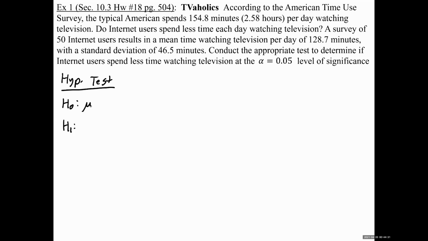First bit of advice is sometimes average problems are hard to recognize. And so one thing you can do, which is a little bit of cheating, is try to rule out a percentage problem and try to rule out a standard deviation problem. I know we haven't talked about those yet, but once we've talked about those, you're going to have to decide, is it a percentage problem, a standard deviation problem, or an average problem?